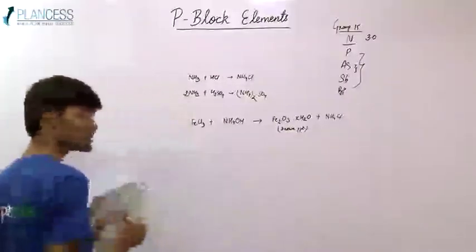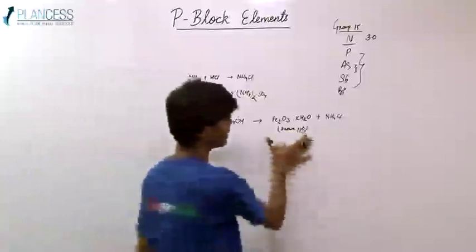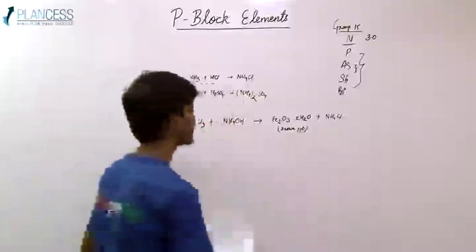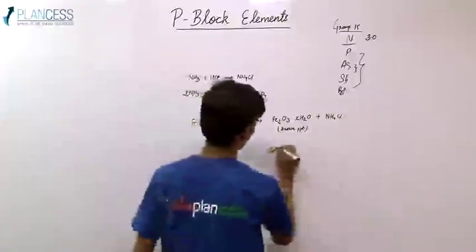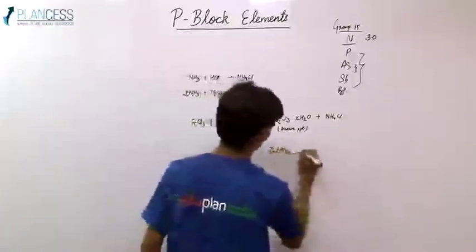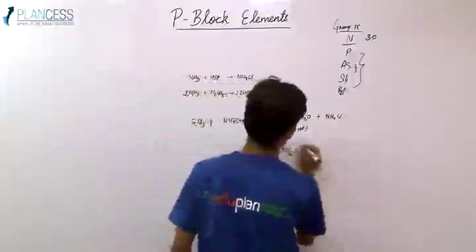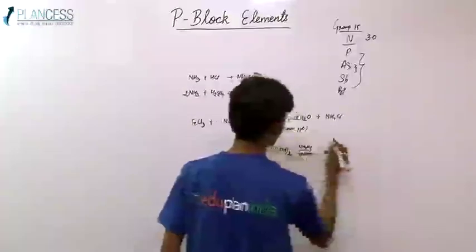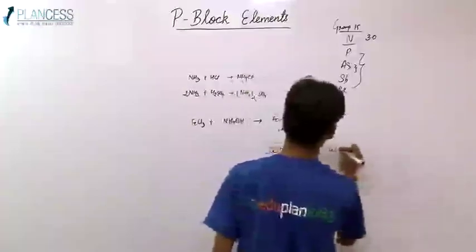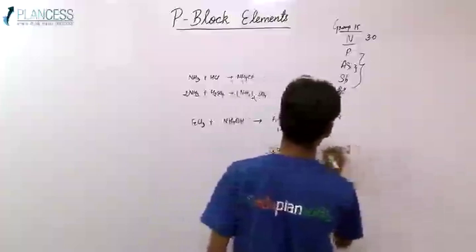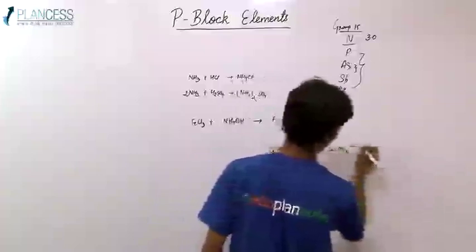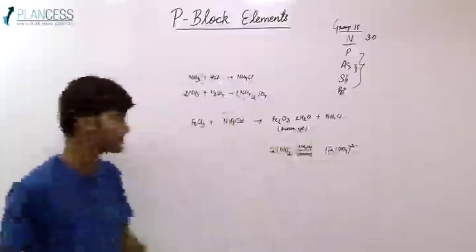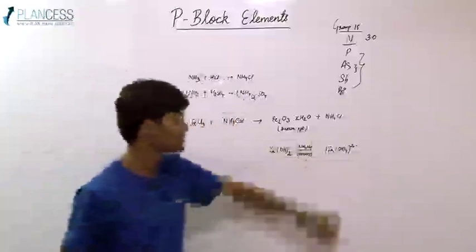But if excess NH4OH is added to it, it dissolves the precipitate Zn(OH)2 and forms [Zn(OH)4]2 minus.